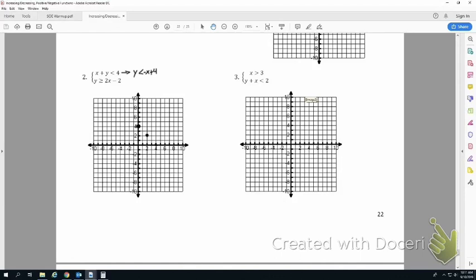So again, I'm going to go down 2, right 2, and up 2, left 2. And now, Alessandra, is that going to be a solid or a dashed line for the top one? Dashed.